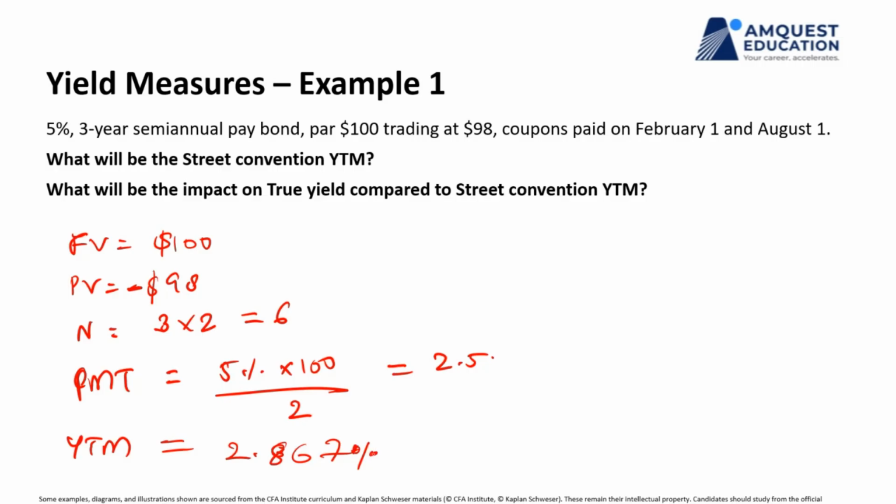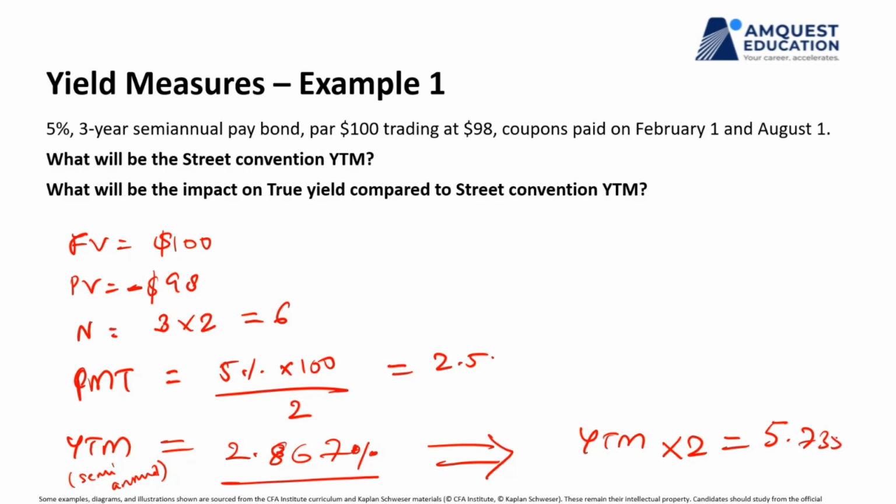But remember, this YTM is also semi-annual because all the numbers you have put in are semi-annual numbers. So your concluded YTM will be this YTM multiplied by 2, which is 2.867 multiplied by 2, 5.735%. So this is your street convention YTM. Street convention means we are assuming actual by actual.